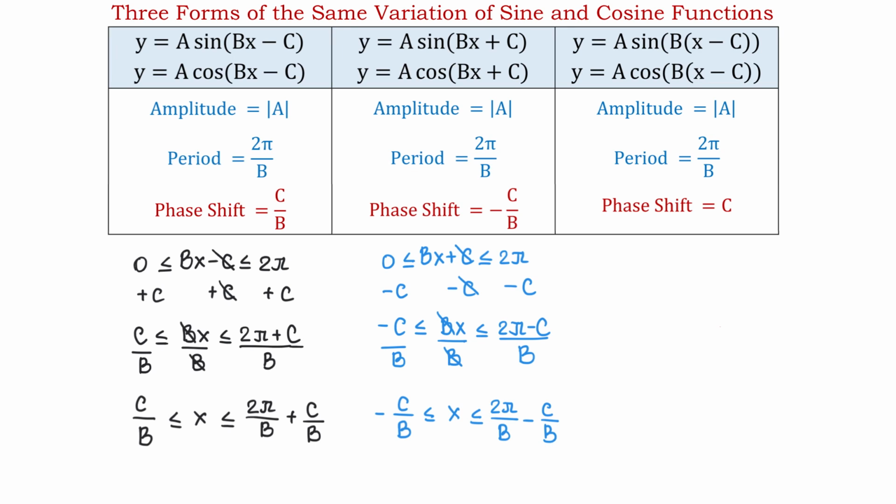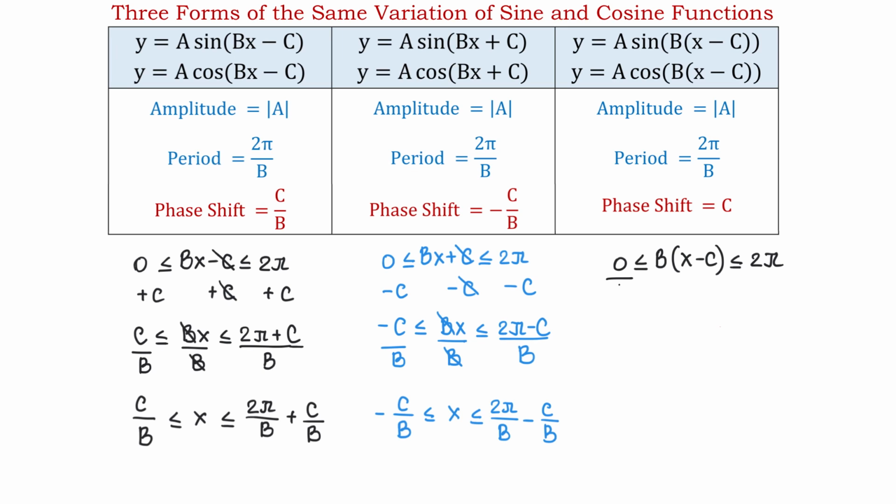And now let's talk about the third case. The expression that we see inside sine or cosine is b parenthesis x minus c. Just like in the previous cases, we will write this expression between 0 and 2 pi. And now, because this expression represents a product, we will start by dividing all three parts by b.